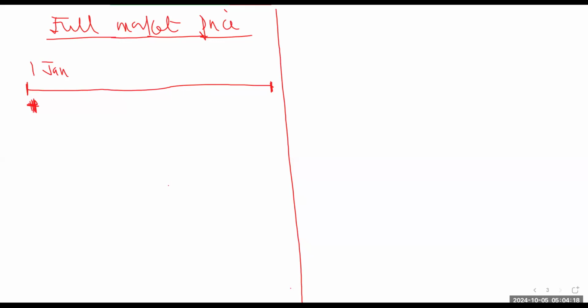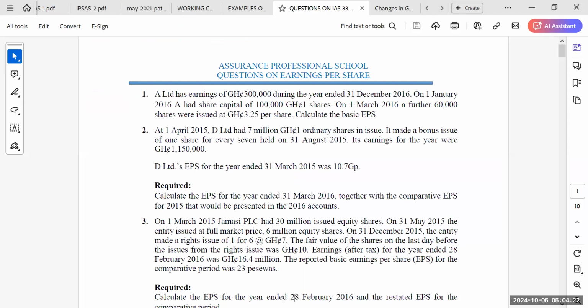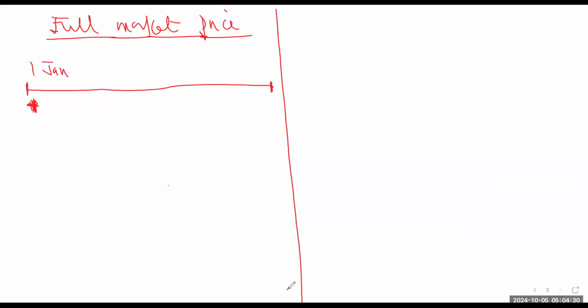What are the shares they have in issue? The shares at the beginning of the year. 100,000. So they have 100,000 shares.